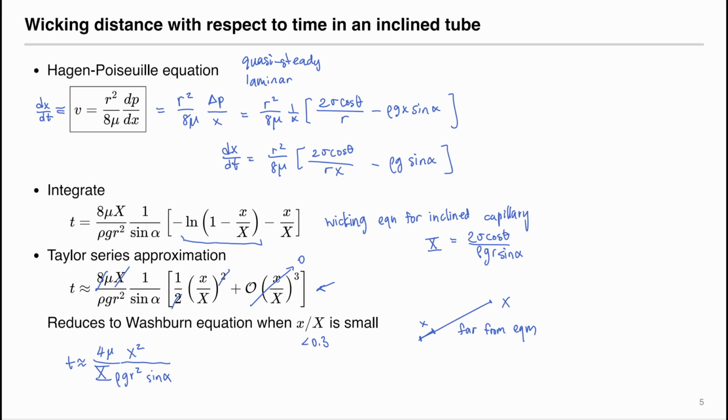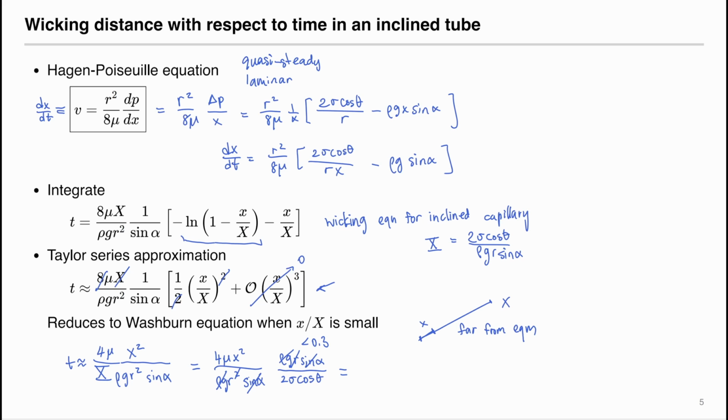If we substitute the big X in, we have 4 mu x squared over rho g r squared sine alpha multiplied by the inverse of big X, which is the inverse of 2 sigma cosine theta over rho g r sine alpha. These things cancel out. r cancels out.